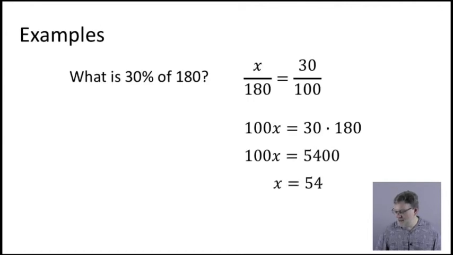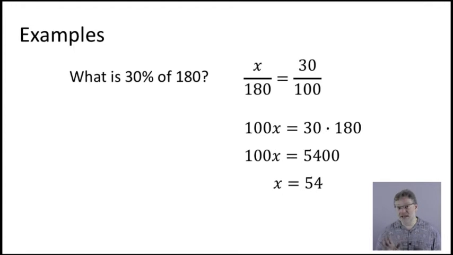Here's another example. What is 30% of 180? For the first time, we're not giving you all of the information, so you have to solve for something. So what is it that's been given to us? Obviously the rate has been given to us, 30%. So on the right-hand side, we have 30 over 100.